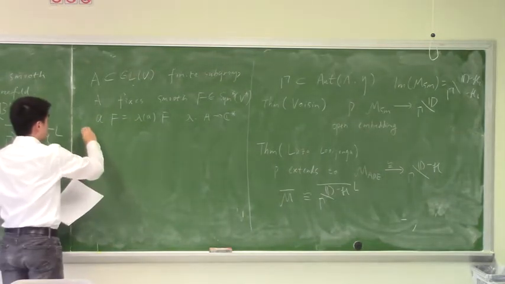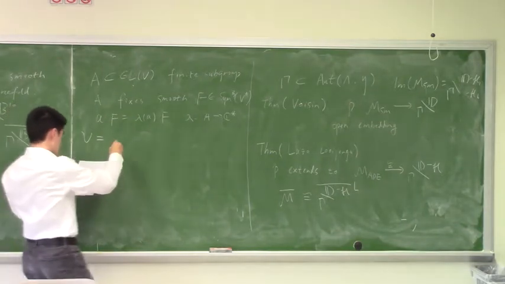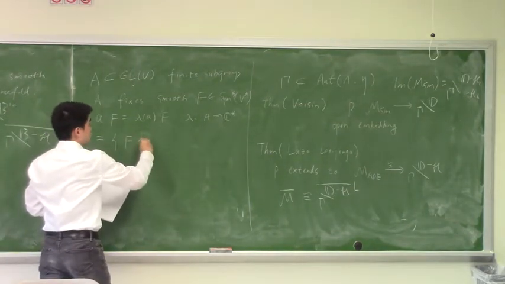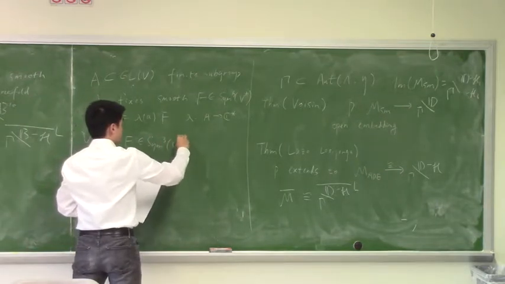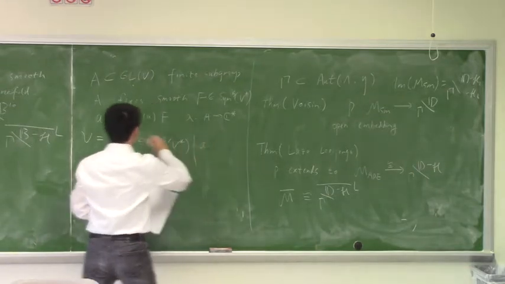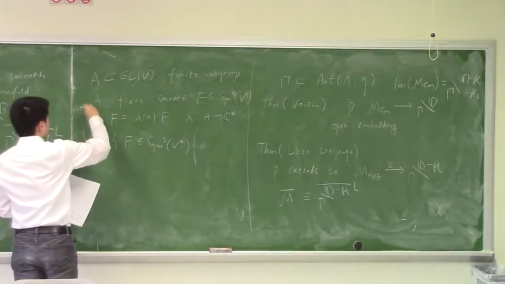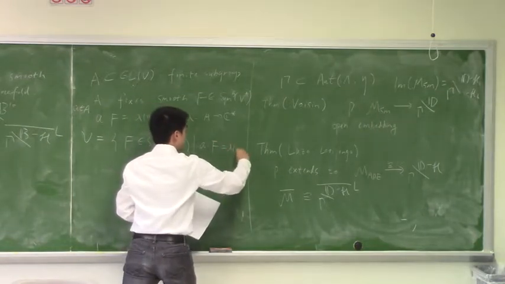And we can take the lambda eigenspace of A, just any F such that a, small a, acts on F and is equal to this character.